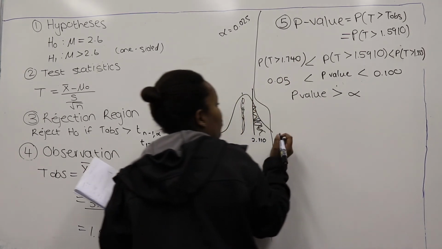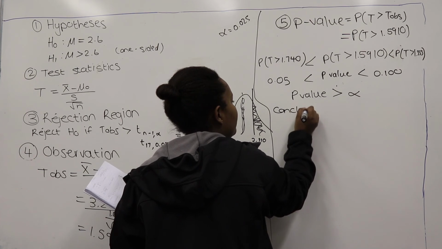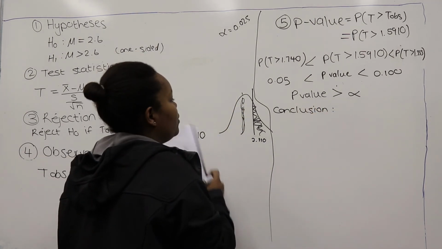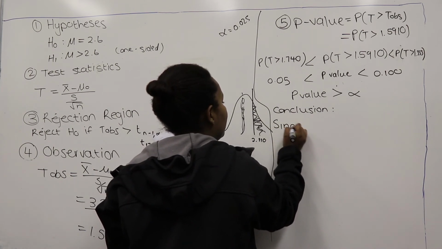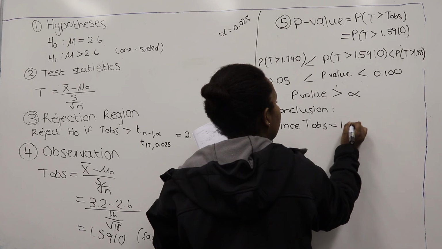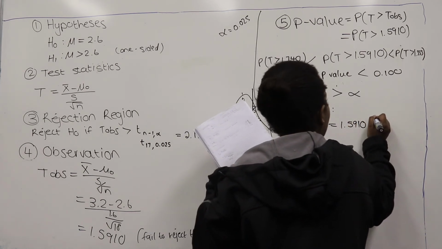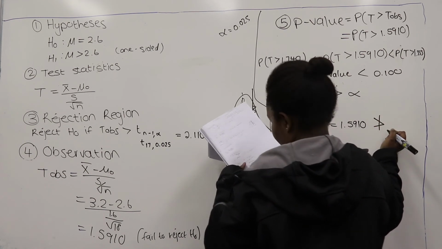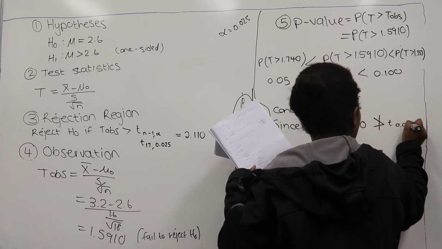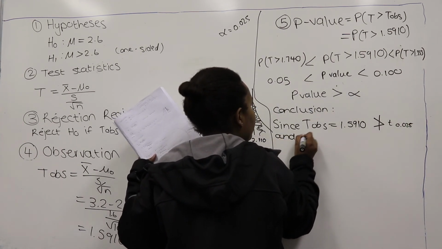Then you go to the last step where you conclude. Now you're going to say, since T observed is equal to 1.59, it's not greater than T 0.025.